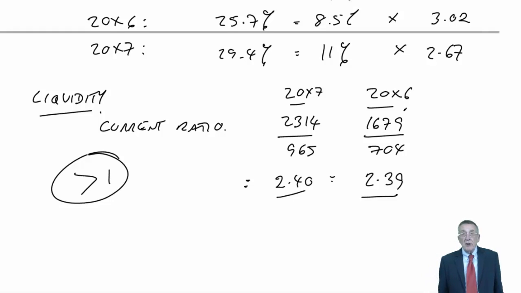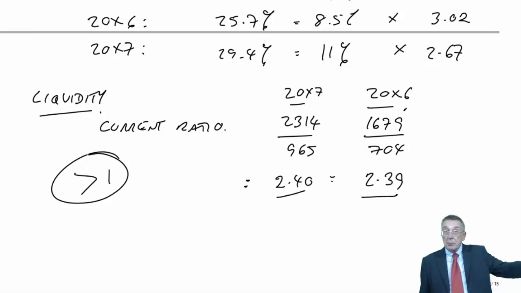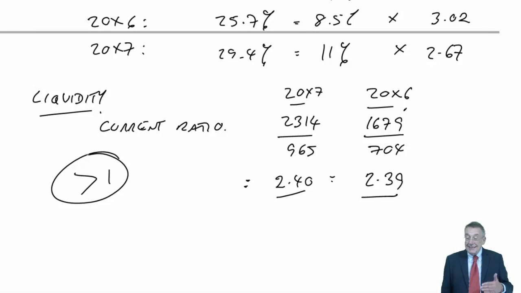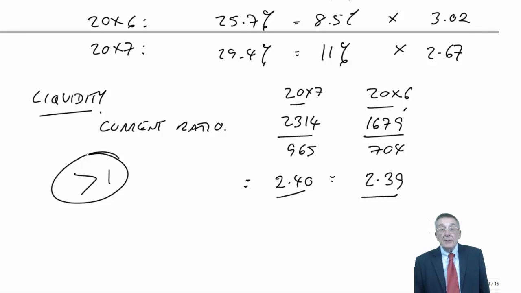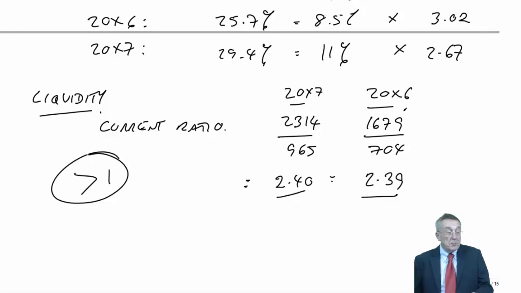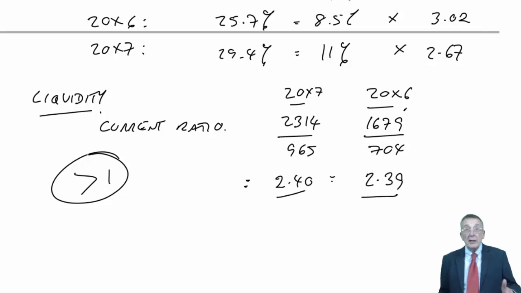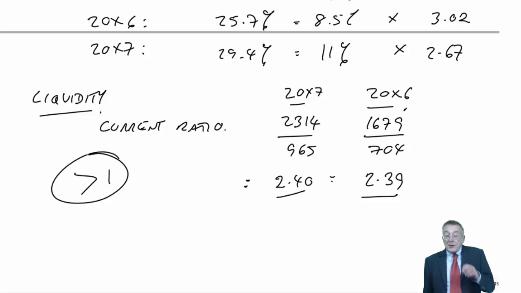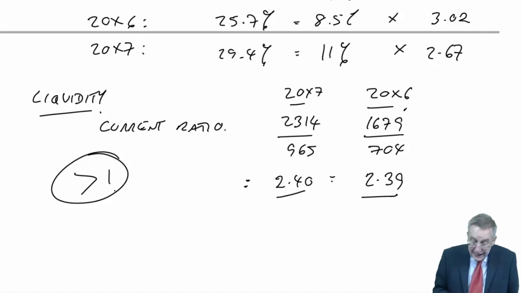And so if ever the current ratio was less than 1, or in fact was approaching 1, you'd be very scared indeed. Because it would mean that in the short term they couldn't pay the bills. I say, even if it's approaching 1, if we're below 1, we've got a huge problem. But even if they're above 1, if year by year they're going down, and it's getting closer to 1, then we'd start to be worried. So that is one that we can look at on its own.